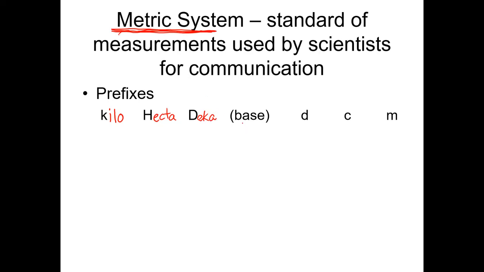Okay, then your base right here stands for your gram, which we're going to abbreviate with just a lowercase g. Your meter, which we're going to abbreviate with a lowercase m. And your liter, which we're going to abbreviate with a capital L. Your lowercase d right here stands for deci.